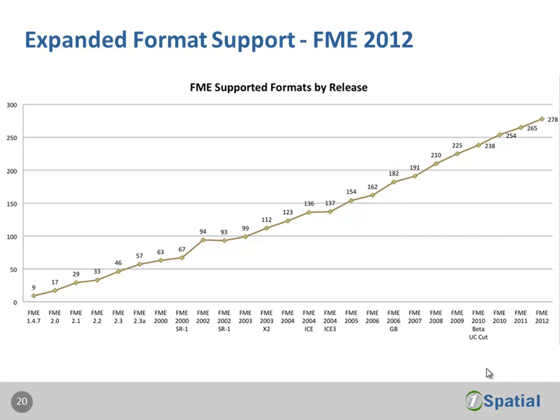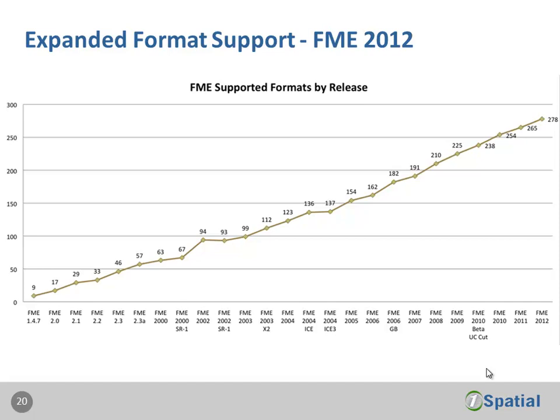So lots and lots of different capabilities, and the format capabilities just keep on going up and up. Largely because every time a new product, a new bit of hardware comes out, there's probably a new data format released with it, and ultimately we're going to need access to those data formats.